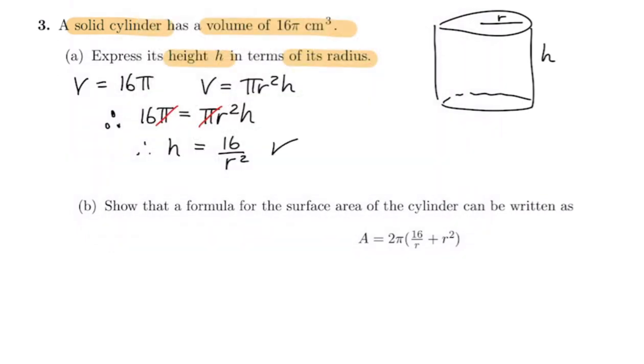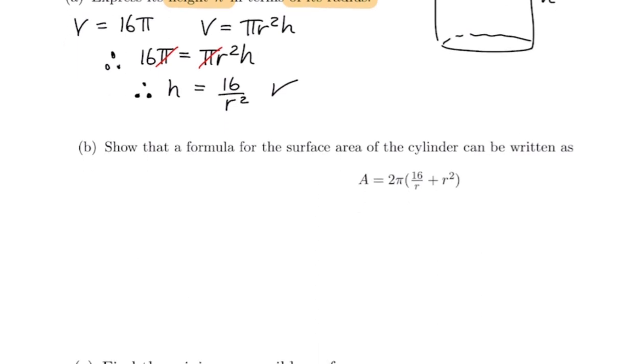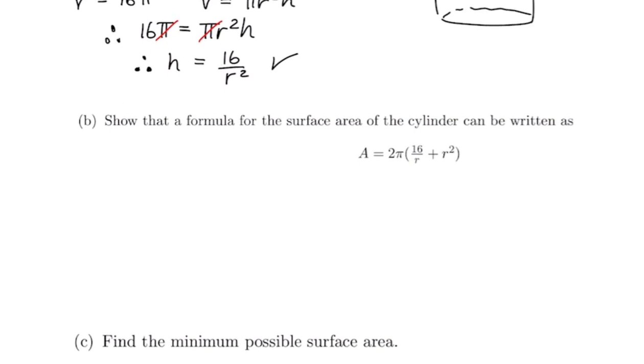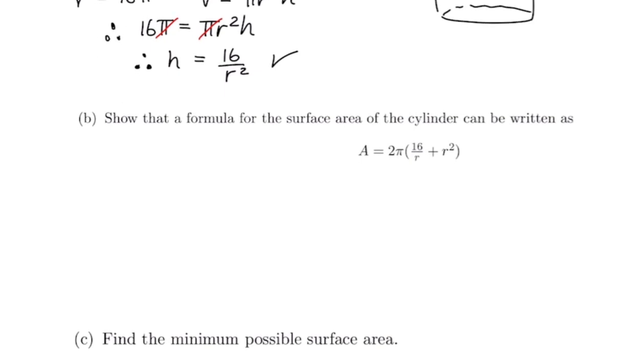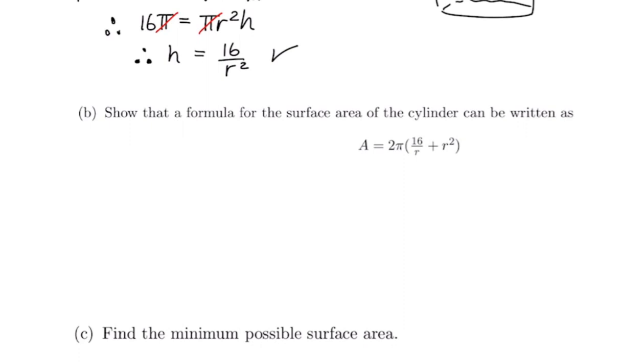It then says, and we're going to use part 1, so that's quite important, show that a formula for the surface area of the cylinder can be written like this. So the surface area of the cylinder is 2 pi rh, that's the circumference times h, plus 2 pi r squared, and that's the area of the top and the bottom.